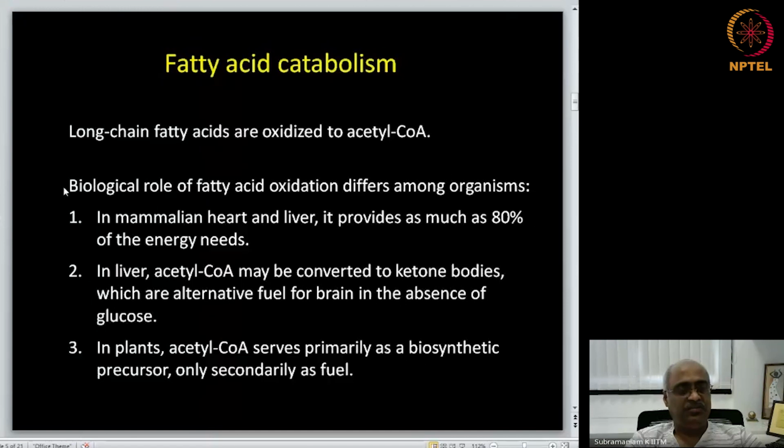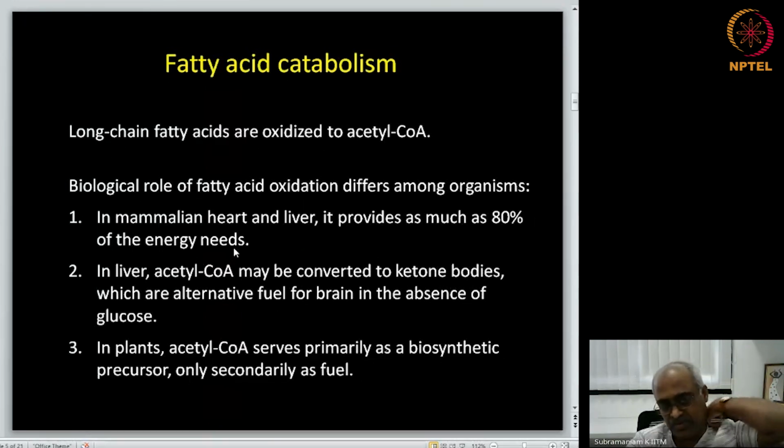The first important point here is that fatty acid oxidation differs among organisms, and it even differs in an organism from organ to organ. For example, in mammals, in heart and liver, 80% of the energy comes from fatty acids, from primarily stored lipids. But you never want more than 30% of energy source coming from fat.